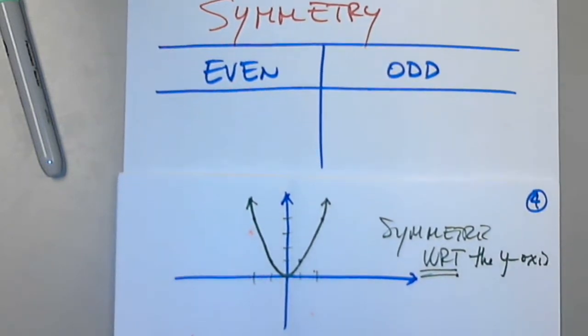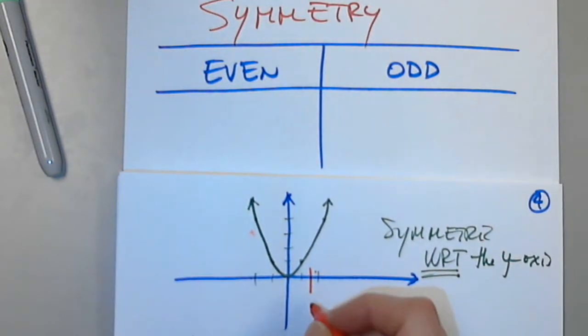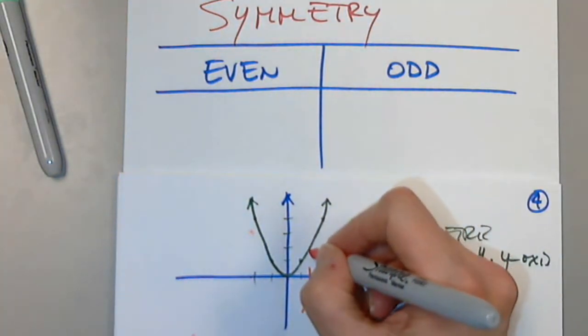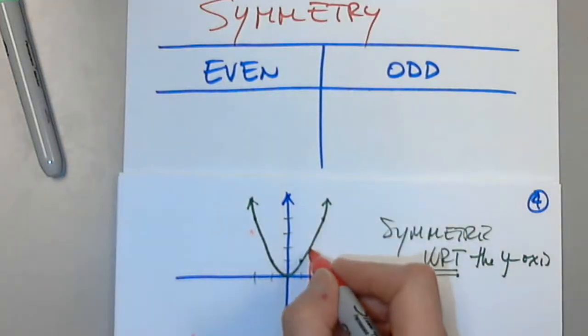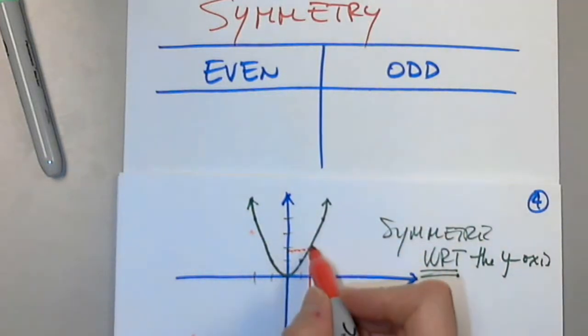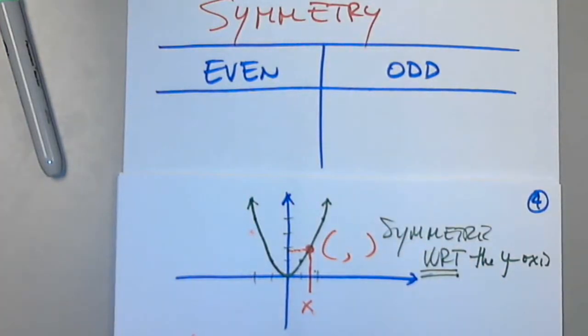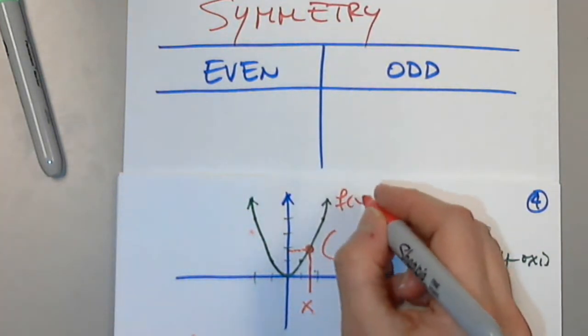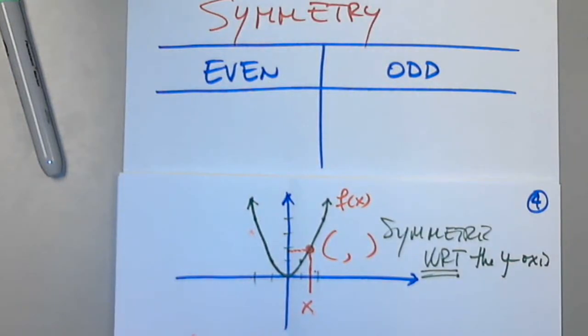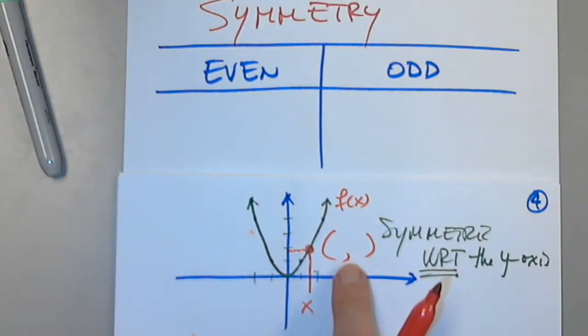Very good. So now I'm going to pick an x value somewhere. This is my x. And I would like you to give me the coordinates of this point. This is our function f of x. Can anyone give us the coordinates of this point?